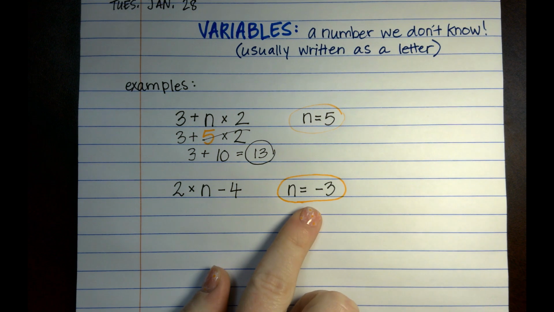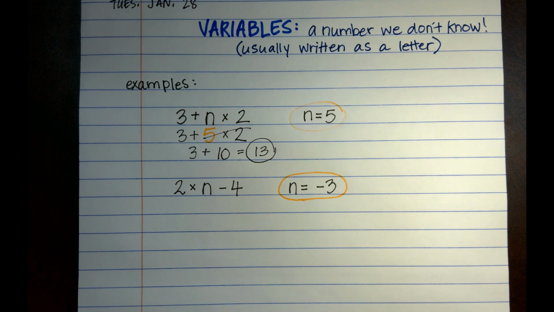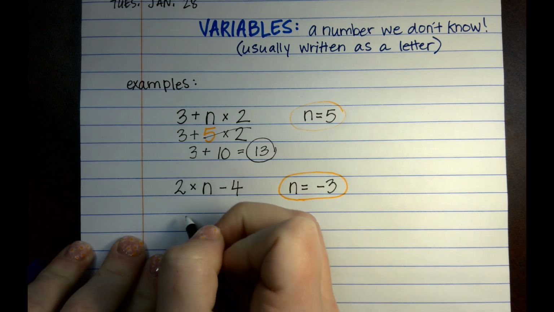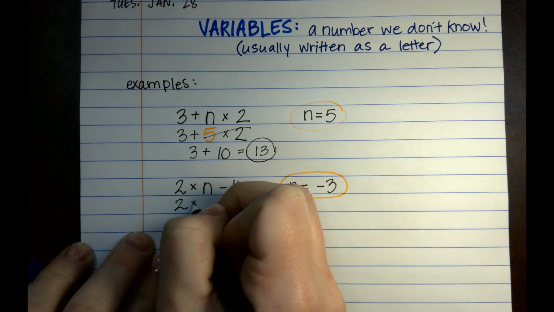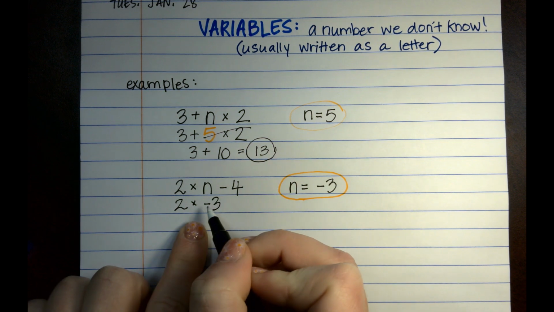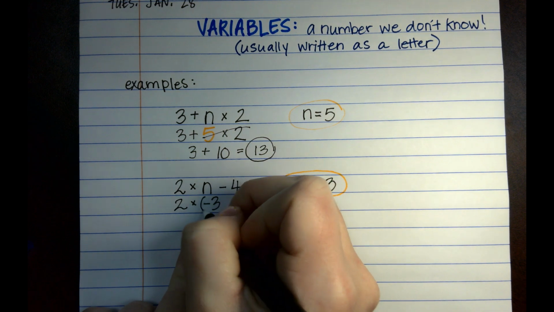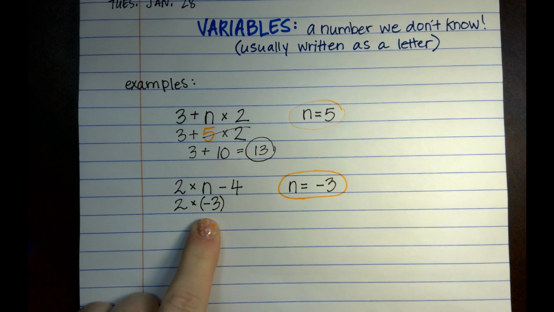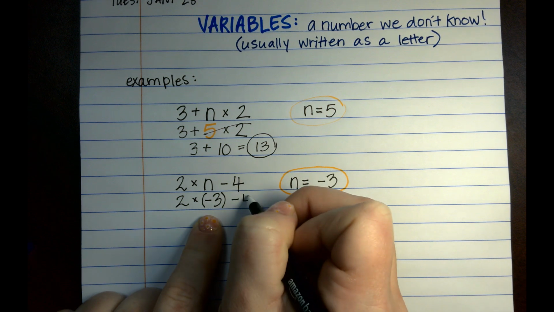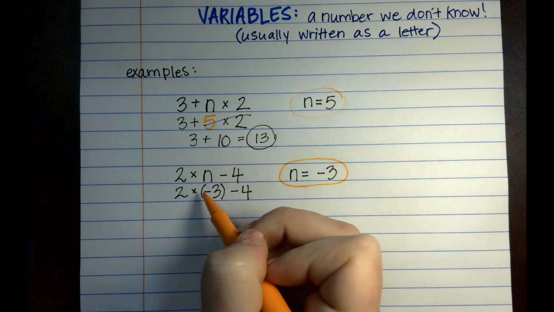So first of all, whenever we plug in our variable, -3, how would I rewrite my problem? 2 times -3. Good. If it helps, we can put the -3 in parentheses, and then -4 at the end. So we're just replacing n with -3.